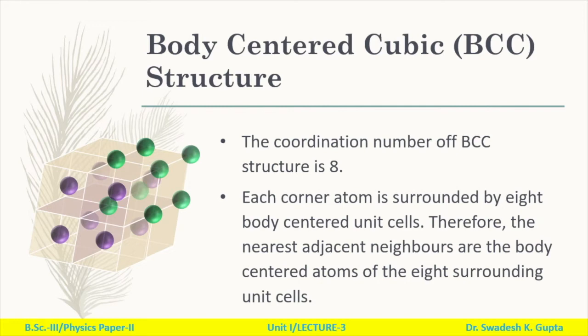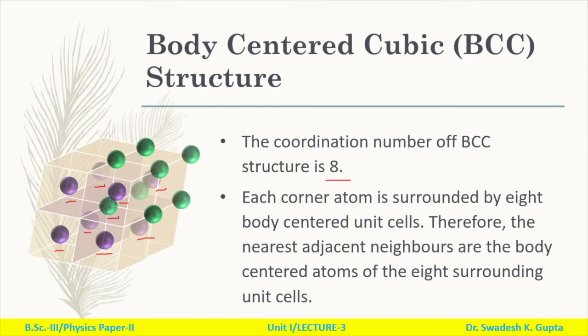The coordination number is 8. As we can see here, for the central atom, there are 8 body centered atoms close to this atom. So 1, 2, 3, 4, 5, 6, 7 and 8.